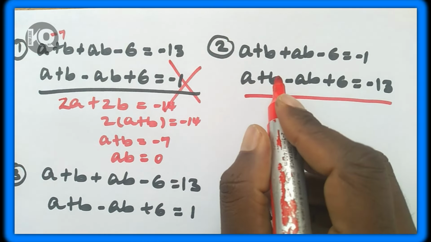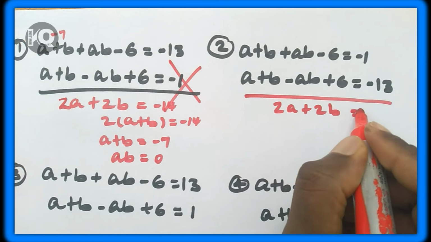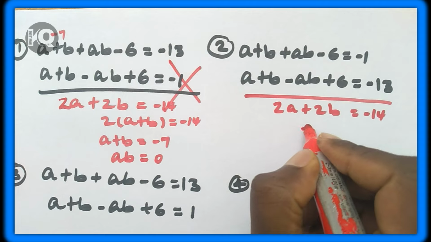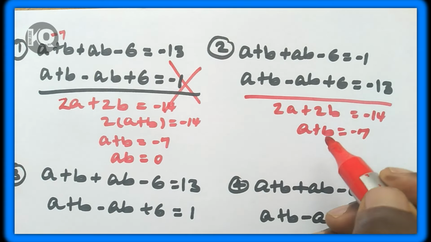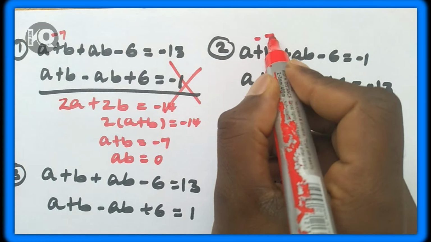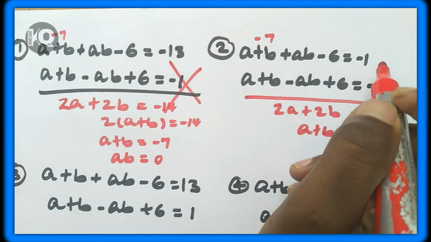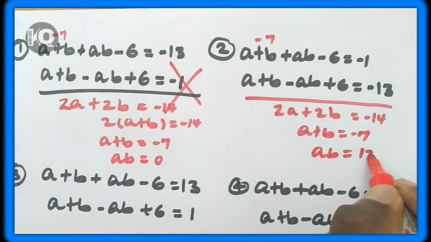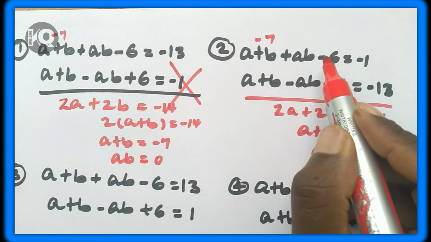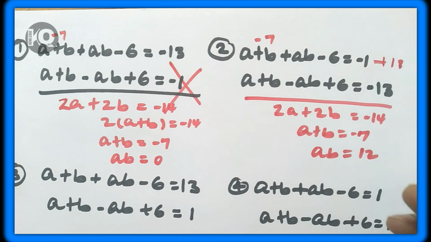In a similar manner, it will be 2a plus 2b, which is equal to minus 14. So a plus b is minus 7. So let's substitute minus 7 here. Minus 7 minus 6. So ab will be 12, because here is minus 13, so plus 13, so 12.